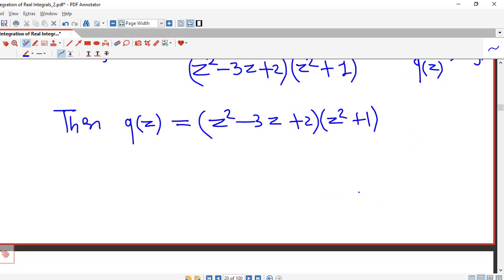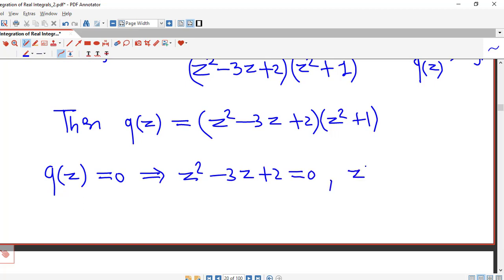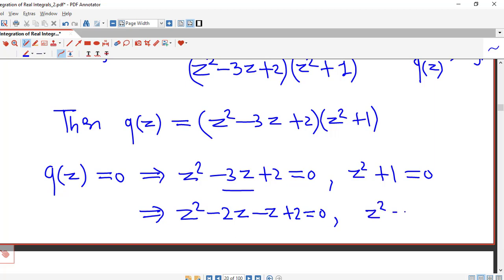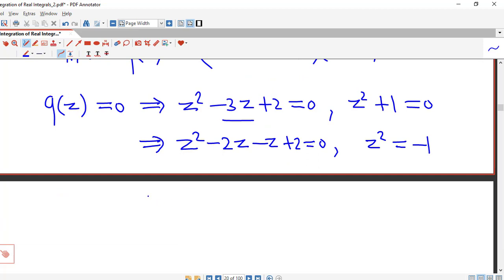So we find out values of z for which q of z is equal to 0. So we solve q of z equal to 0, that means this product is 0, that means z square minus 3z plus 2 equal to 0 and z square plus 1 equal to 0. Okay, this we can factorize by rewriting minus 3z as minus 2z minus z plus 2, and z square equal to minus 1, that we will replace by i square.